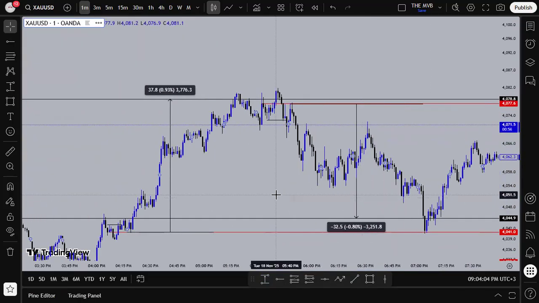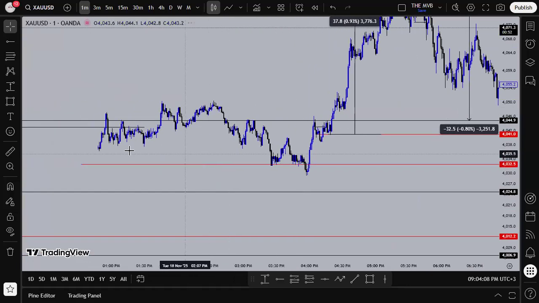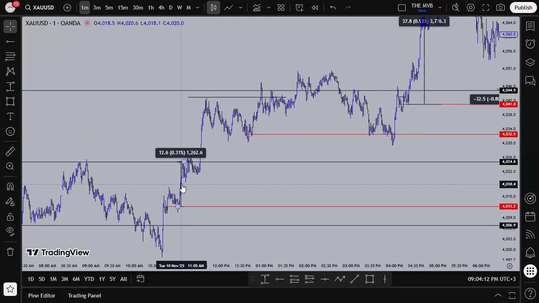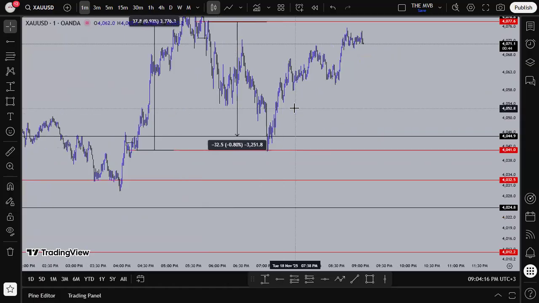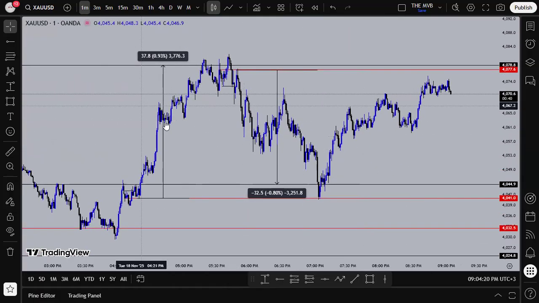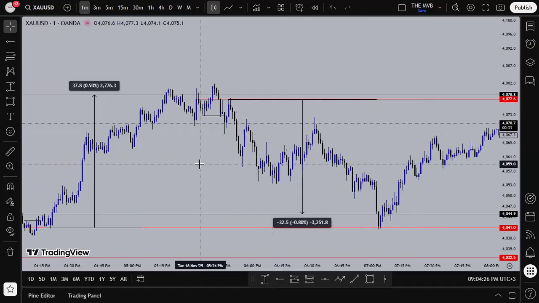So you can see 300 pips, 300 pips, and another here in the morning, which was 120 something pips. So you can see you can be just profitable just by using these levels, major key levels. And it doesn't matter the strategy you are using, okay? It doesn't matter the strategy you're using.